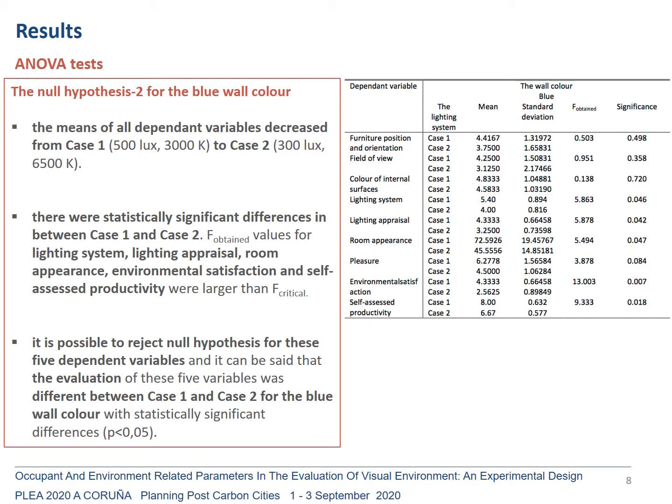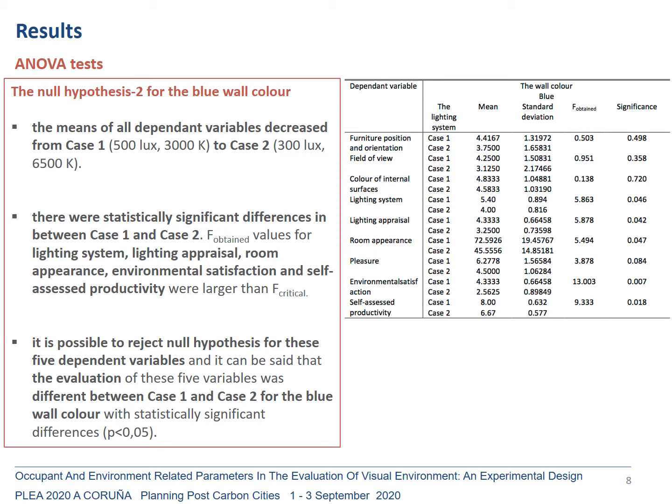The null hypothesis was tested through ANOVA tests. For example, in the second one, for the blue wall color, the means of all dependent variables decreased from case 1 to case 2.